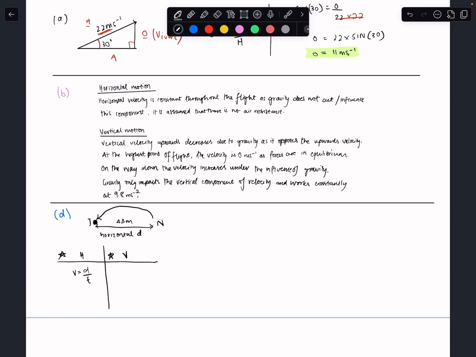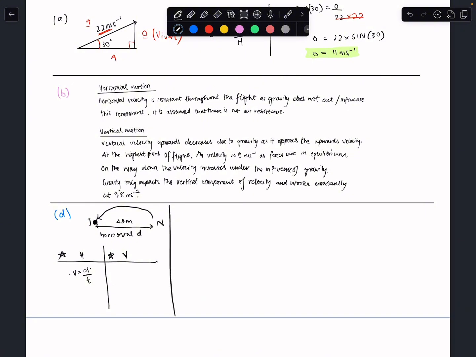So this will help us figure out our horizontal distance. To work out our horizontal distance, we need a horizontal velocity and time. So what do we have? Currently we have nothing, but here's what we can do.